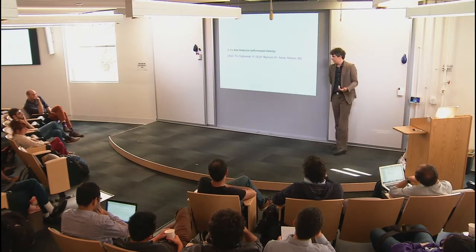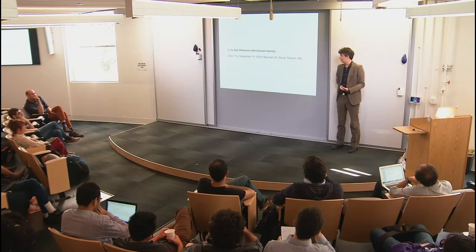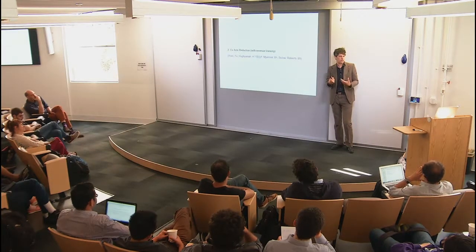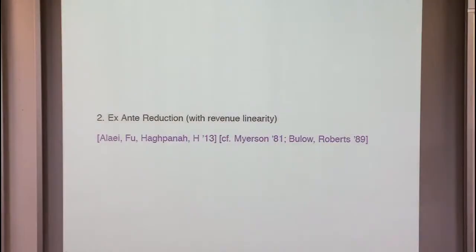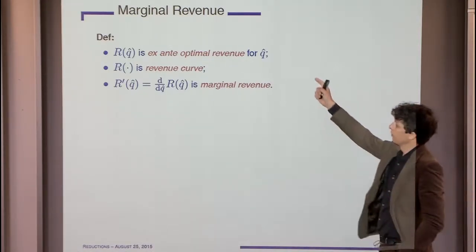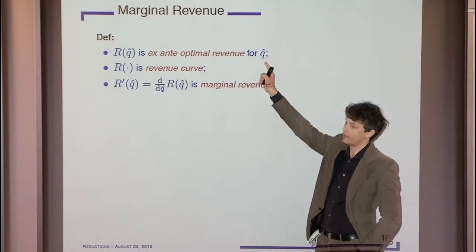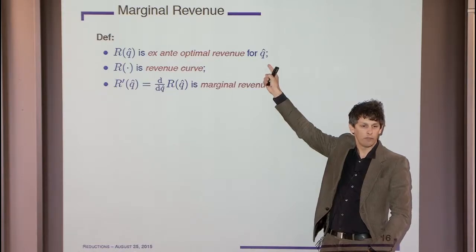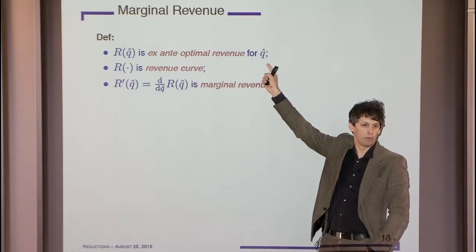Okay, I now want to give you the ex ante reduction. In particular, I'm going to show you that revenue linearity is going to imply that the Myerson-Bulow-Roberts mechanism of marginal revenue maximization is just going to extend naturally to give you the optimal mechanism for these settings. Okay, so to define marginal revenue, for every ex ante constraint q hat, we've solved the ex ante pricing problem.